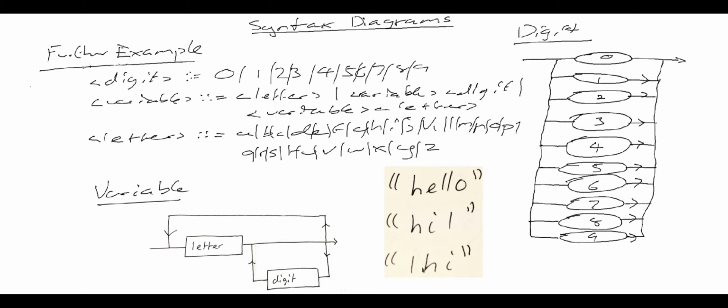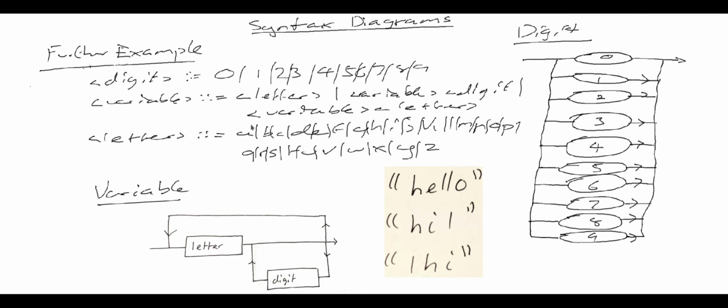And then finally this example here, 1HI. Well, we can see that 1 is a digit, but 1 on its own is not a variable, because a variable cannot be just a single digit on its own. And this is shown by our syntax diagram as well, because if we start at the entry point here and move along here, we hit a letter, and 1 is not a letter.